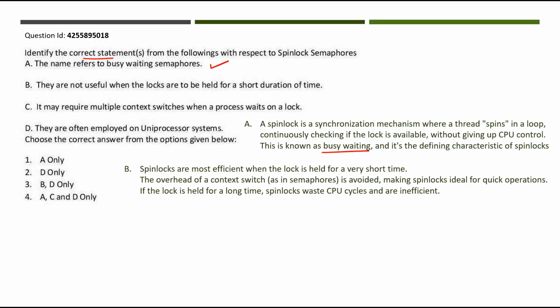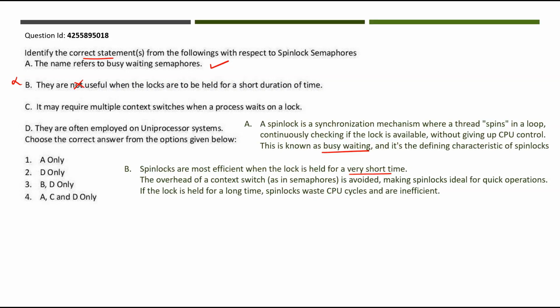Spin locks are most efficient when the lock is held for a very short time. They are actually useful, so the statement is wrong. The overhead of a context switch is avoided, making spin locks ideal for quick operations. If the lock is held for a long time, spin locks waste CPU cycles and are inefficient, so they are perfectly useful for a short time and not for a long time.